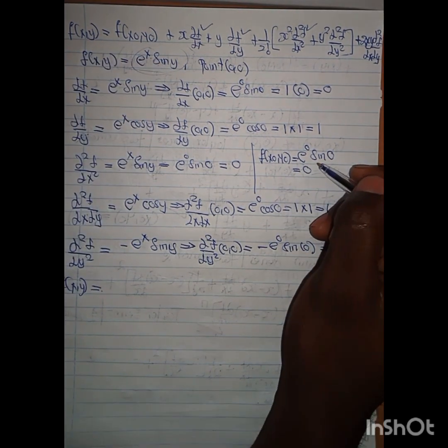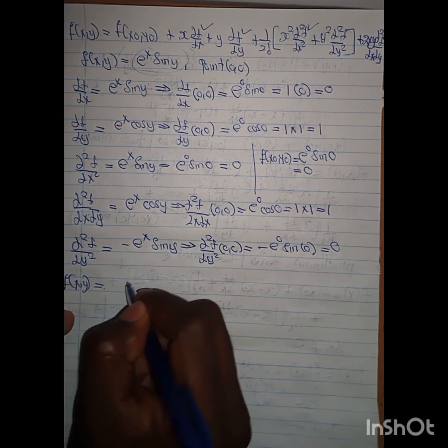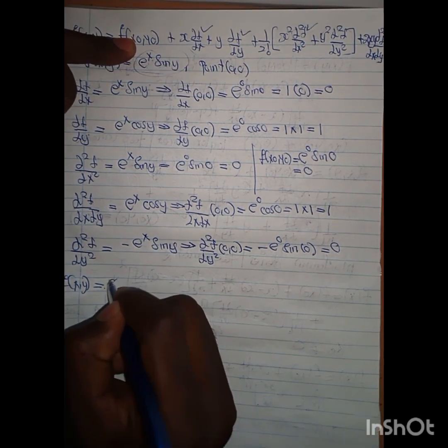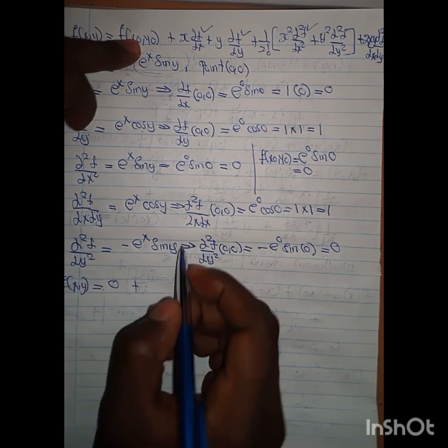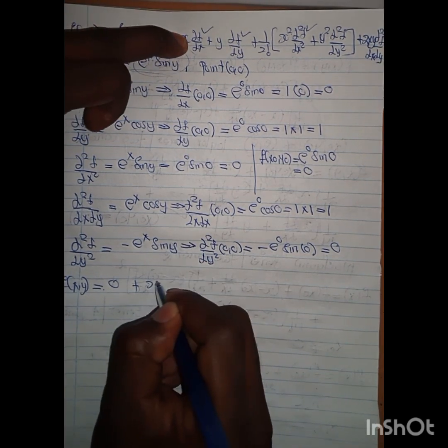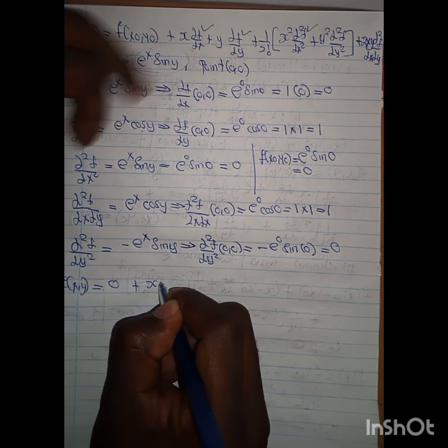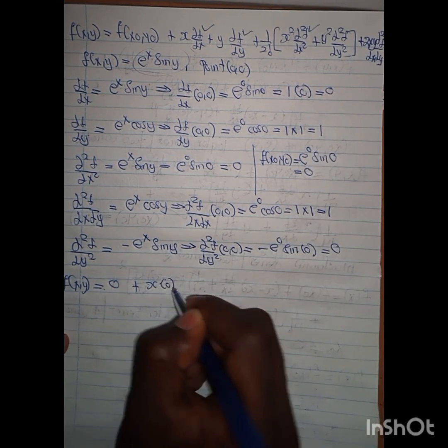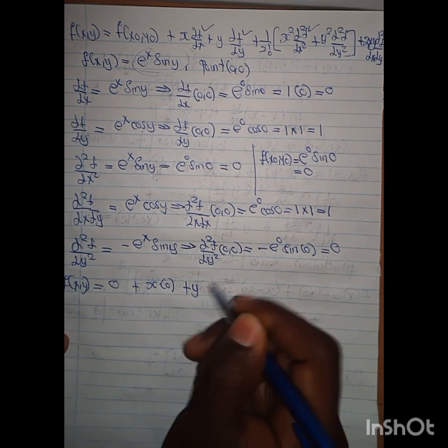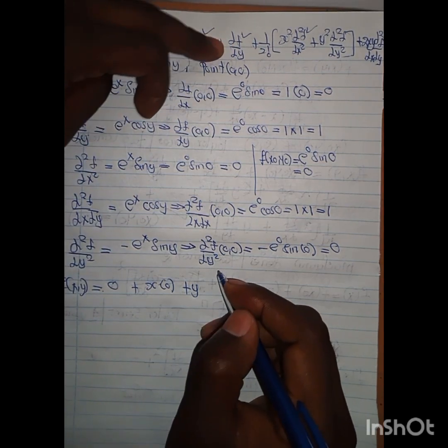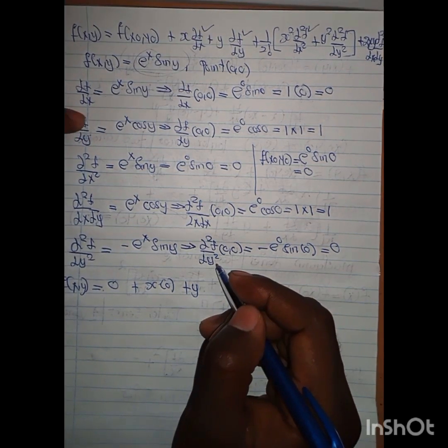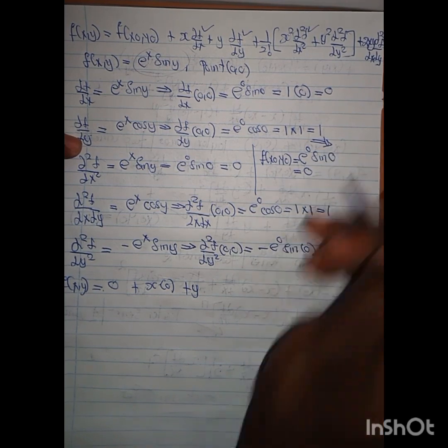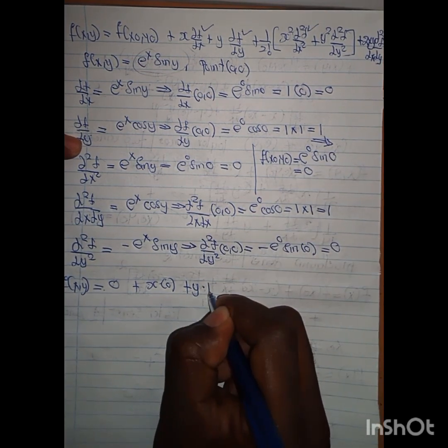Then we get this point is 0 plus x multiplied by df dx. We have said that df dx is 0. Then plus y multiplied by df dy. Df dy we found to be 1, so it's y times 1.